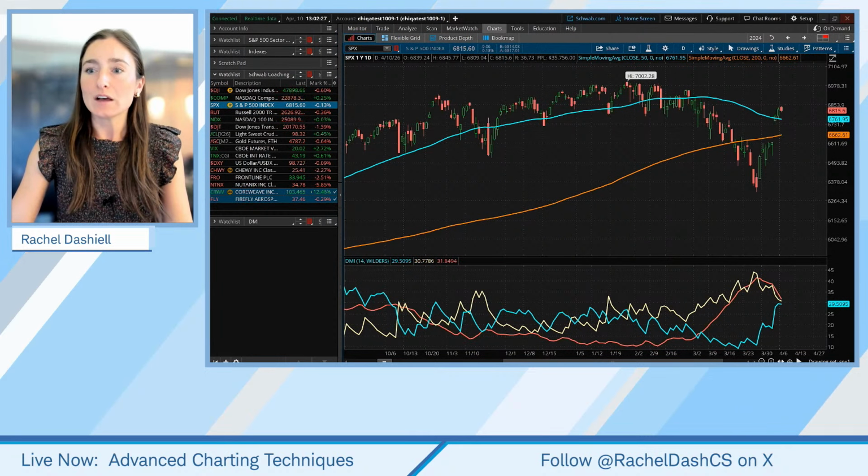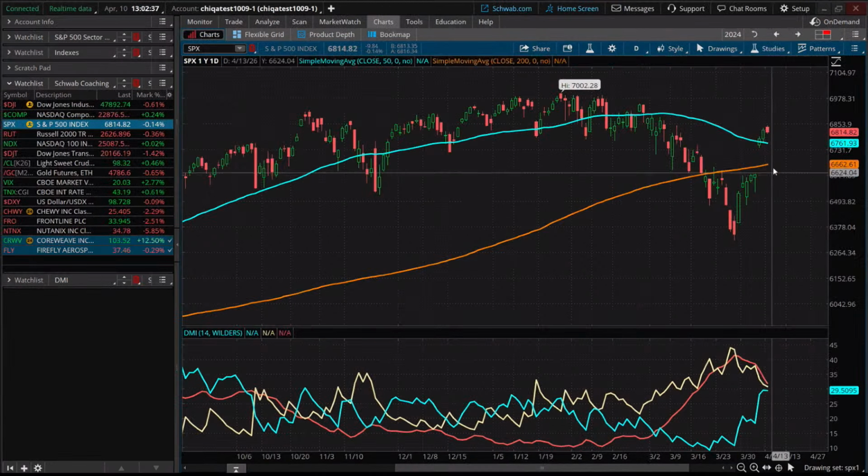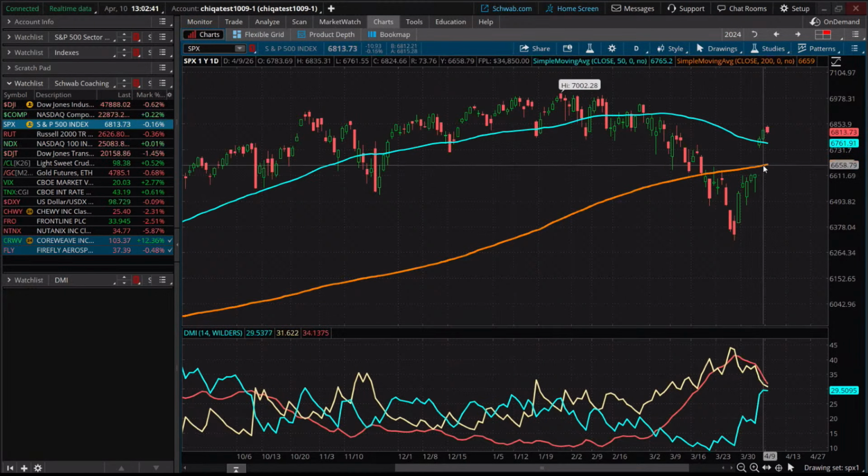So a lot of traders will keep their eyes right around 67.60 or so, and then that entire gap ledge that we had from earlier this week really becomes that entire area of longer-term support. So that 200-day is right in the mix there, right around 66.60. So those are definitely some areas to watch.